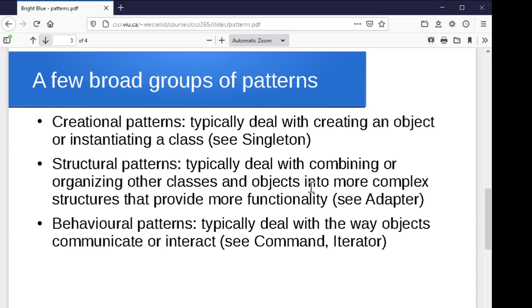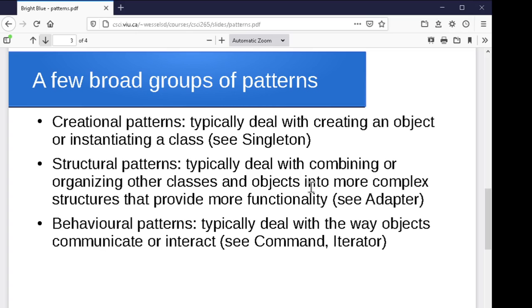We can look at structural patterns that deal with how we organize different components together. How can we organize other classes, other objects into a more complex structure to provide the functionality that we want? We'll look at the idea of adapter patterns, where we're translating between something and something else, where we've got an old class and a new class, and we're translating between them, for instance, if we think back to our refactoring ideas.